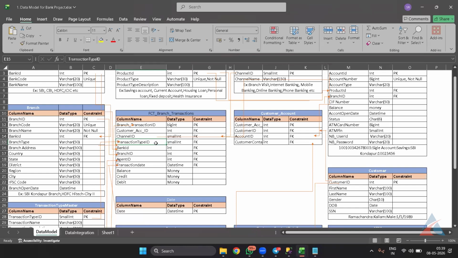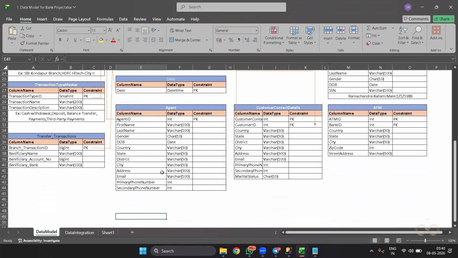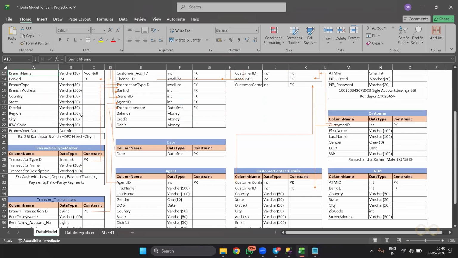No, I'm talking about the transfer transaction table. Look, one minute. You see the arrow coming from there. Now both of them are primary key. Look at this arrow. Where is this arrow going? I think to the branch transaction ID, the FCT branch transaction table.